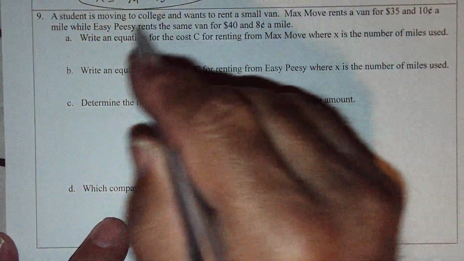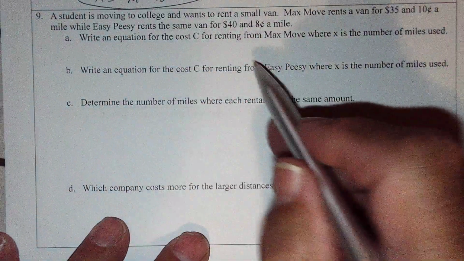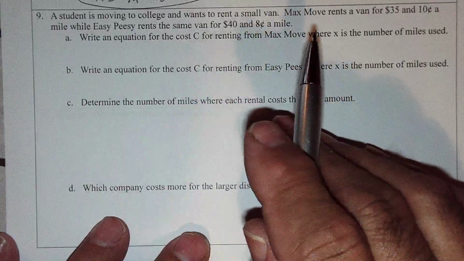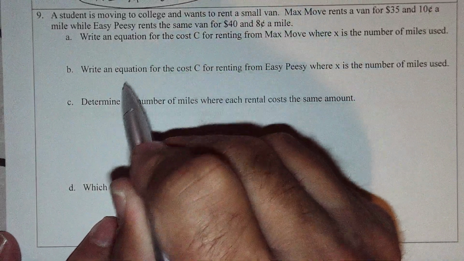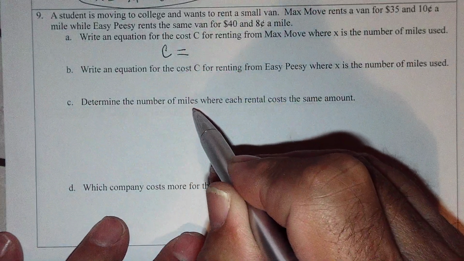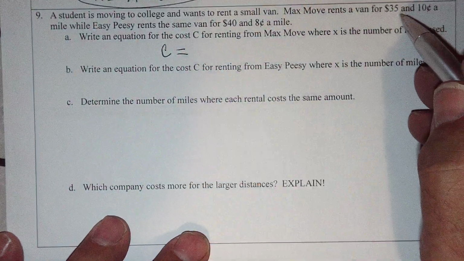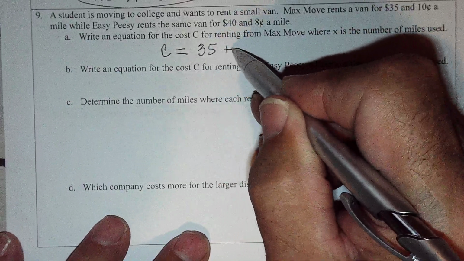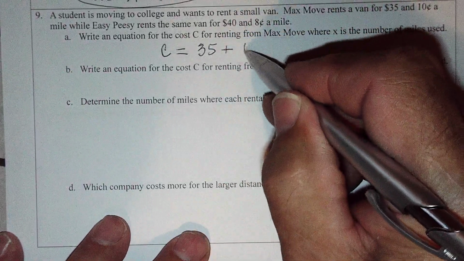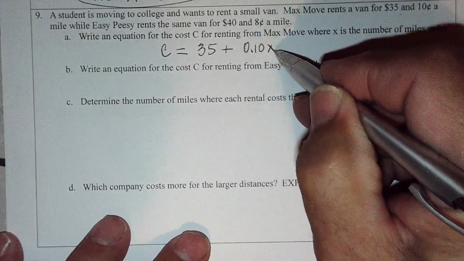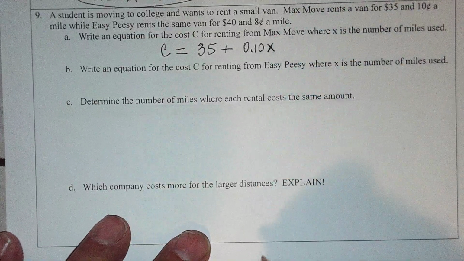Since I need to be consistent here, I get cents and dollars, so I'm going to write everything in dollars. I'm going to say the cost C, for Max Move, is $35 plus $0.10 times each mile x.